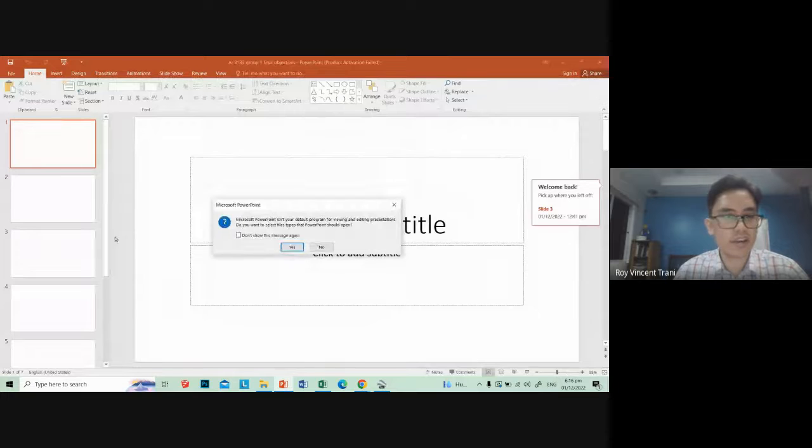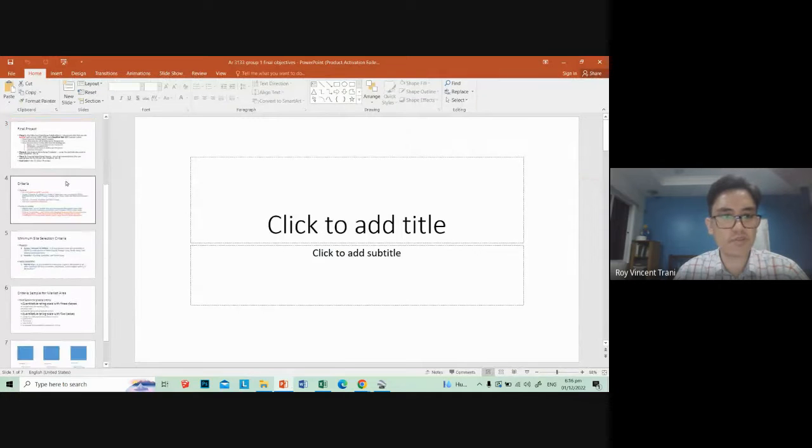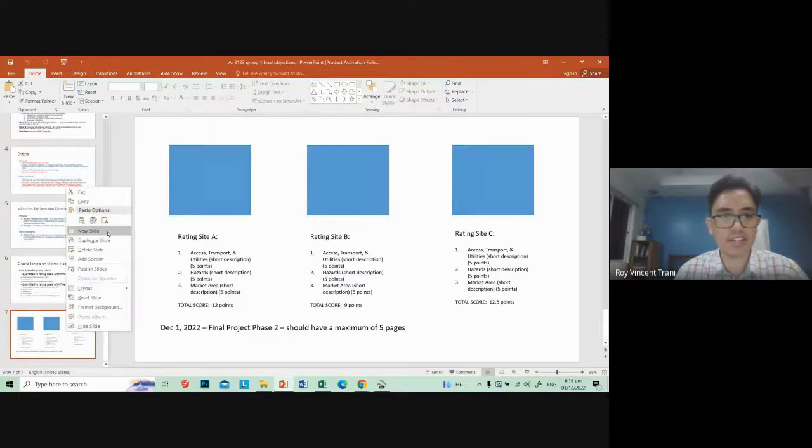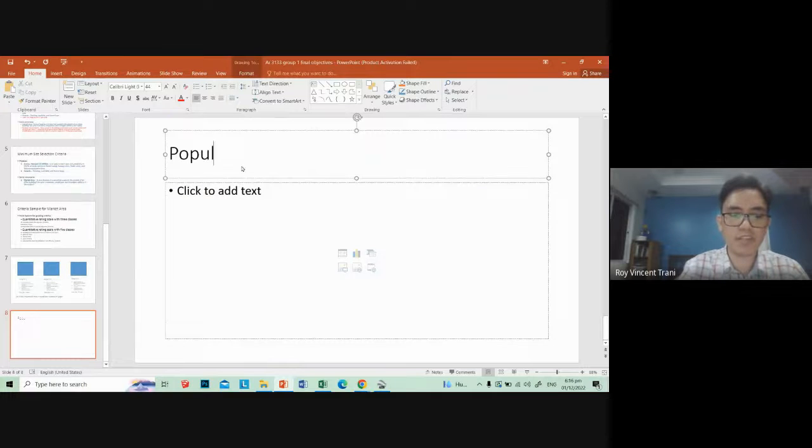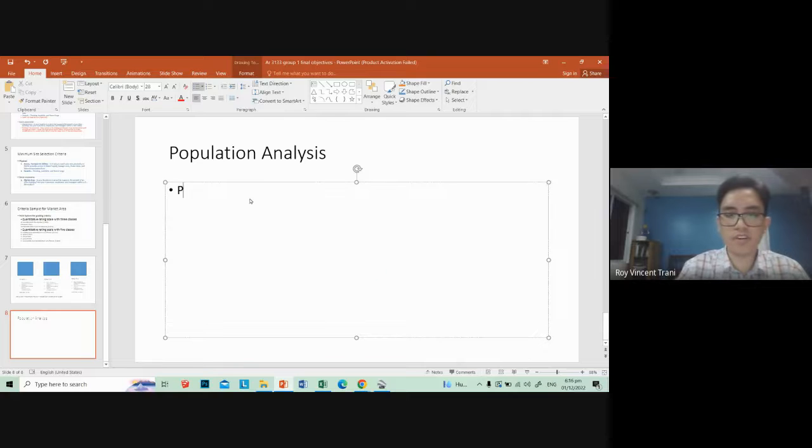I know some of you find it difficult to determine the barangay of your site. So for a population analysis, my preferred method is to show the city or municipality data and the barangay data.